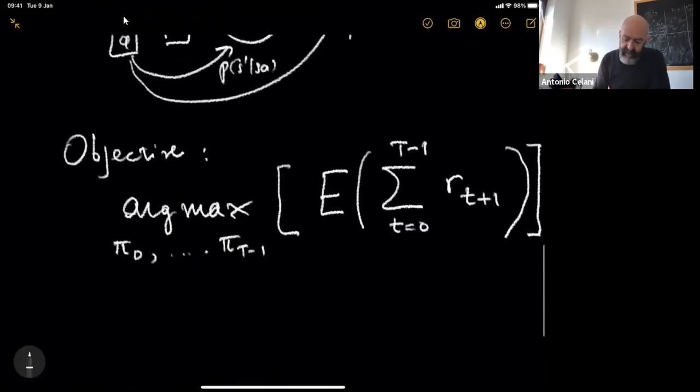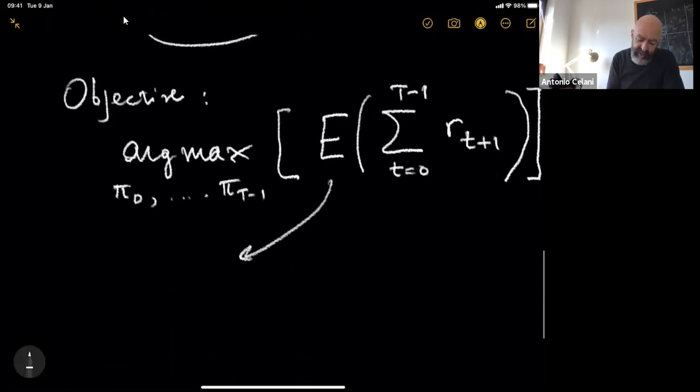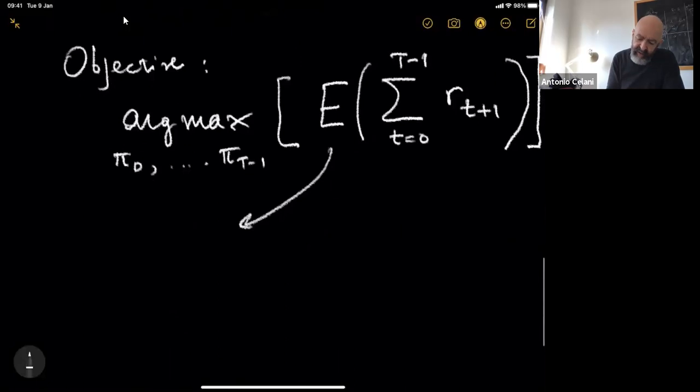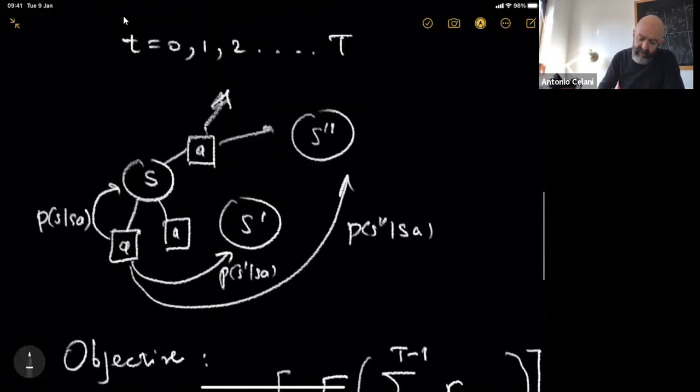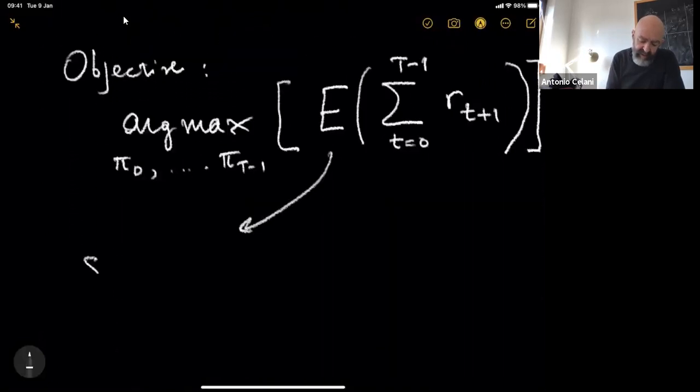Okay, so let's clarify what this expectation value means. This expectation value means that we are along this sequence. So we have a sequence generated by this process, which I can write down as a stream: state 0, action 0.